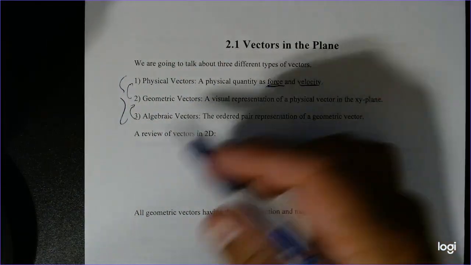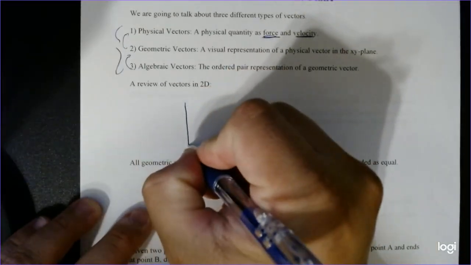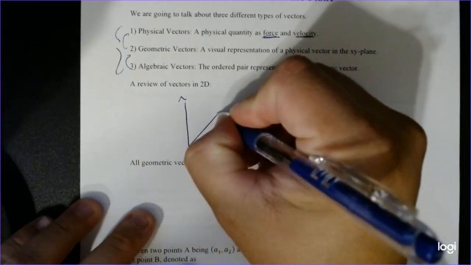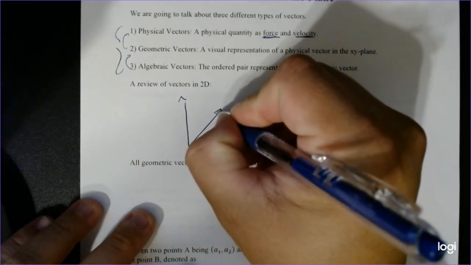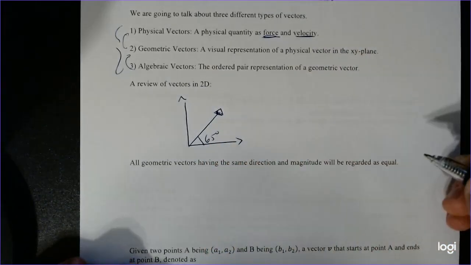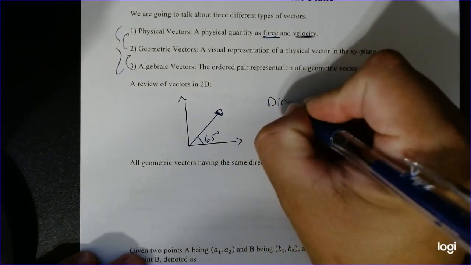Okay, so just a quick review of vectors in 2D. A vector goes in roughly this direction, from the origin up, and it also makes an angle, let's say like 65. So vectors have two things, a direction and a magnitude.